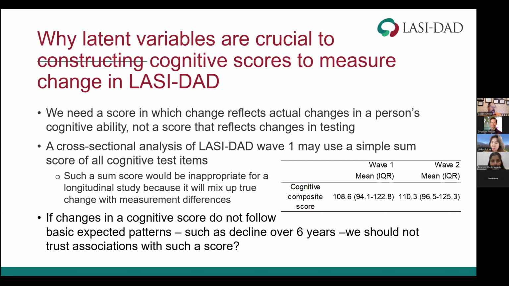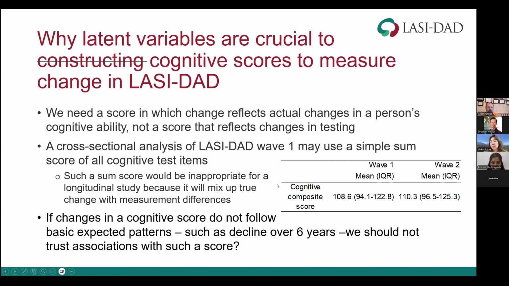We should expect, especially in a sample of older adults anywhere, especially over 6 years, we should expect decline. So if changes in a cognitive score do not show basic expected patterns, such as decline over 6 years, we probably should not trust associations with such a score in our research.